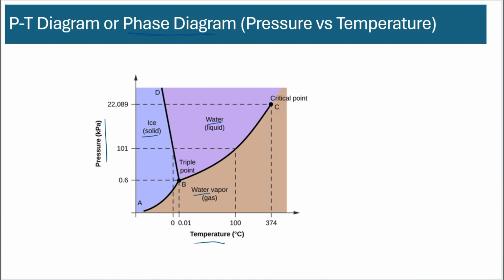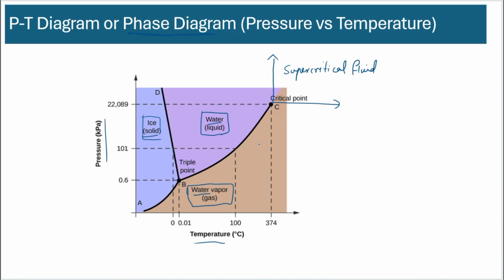So it told you where the water existed as gas, as water vapor, and water existed as ice, as solid, and water existed as liquid, and also the critical point above which the water exists as supercritical fluid. Okay, so all this information was provided to you based on the relationship between pressure and temperature.